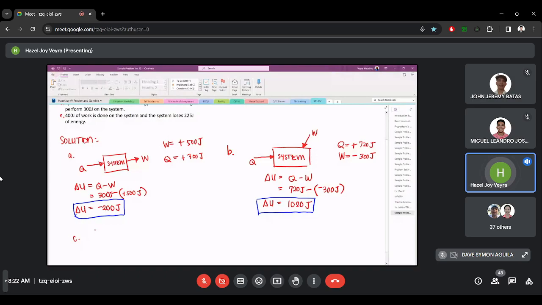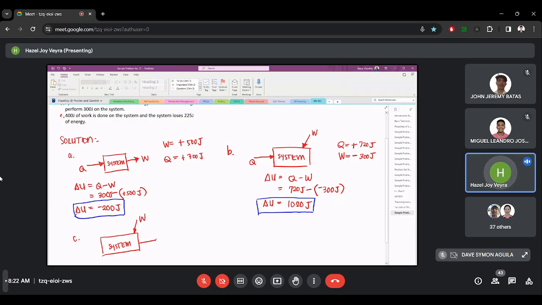Next, letter C tayo. Letter C, we also have a system. And then 400 joules of work is done on the system. And the system loses 225 joules of energy.